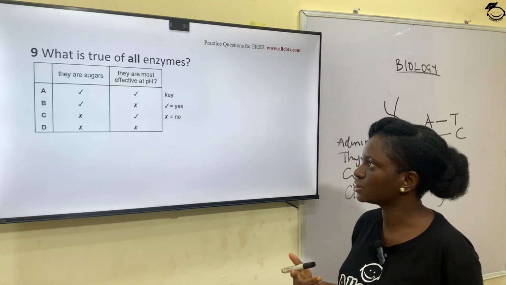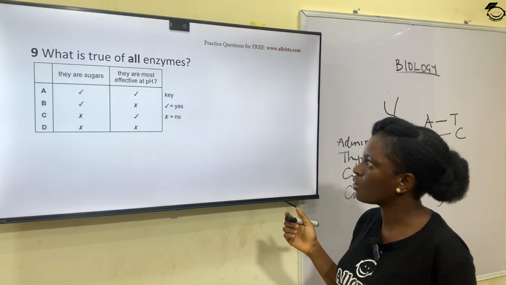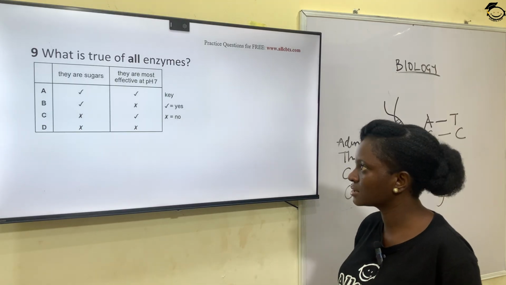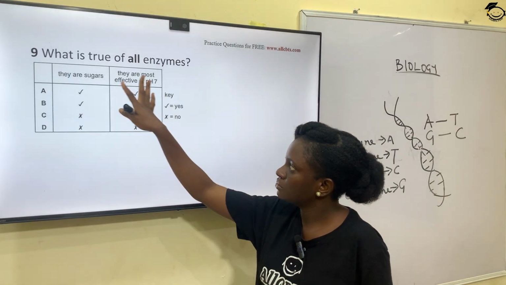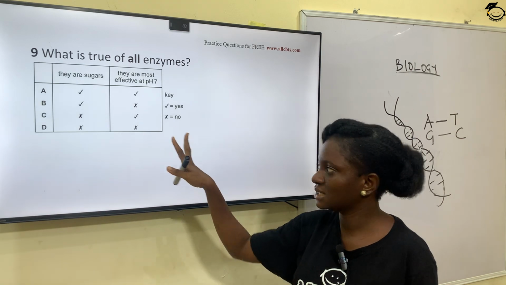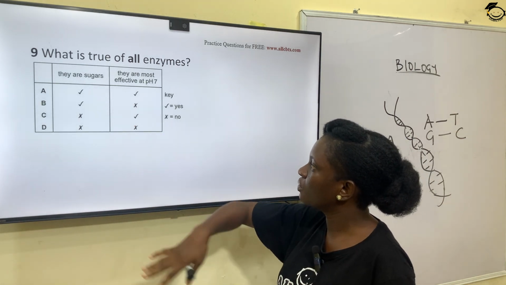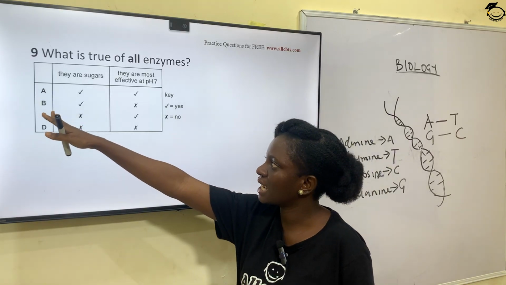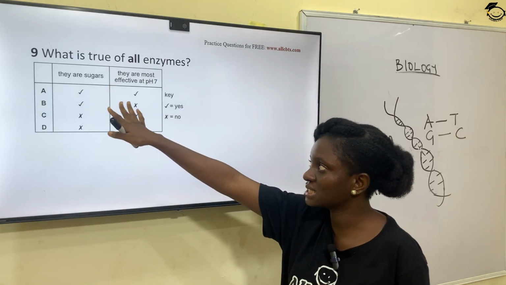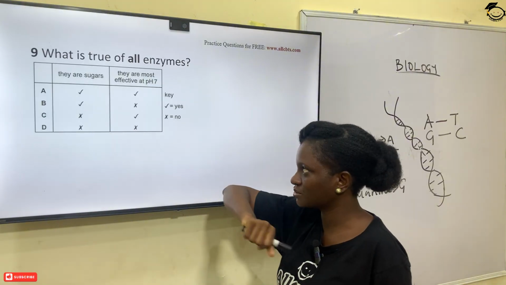The next question, what is true of all enzymes? So you try to understand what is represented in the table. In the table, we have A and B ticked as enzymes are sugars.